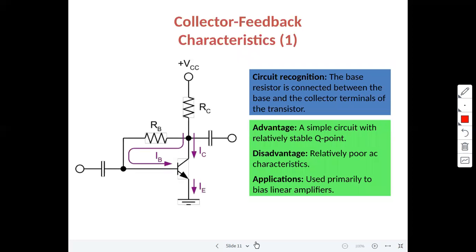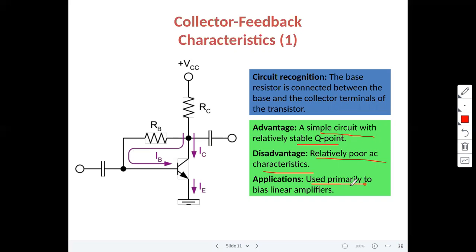This is the summary of collector feedback characteristics. The base resistor is connected between the base and collector terminals of the transistor. Coming to the advantages, it is a simple circuit with a relatively stable Q point. The disadvantage is relatively poor AC characteristics.